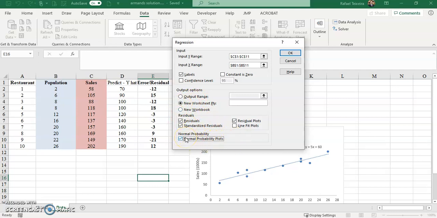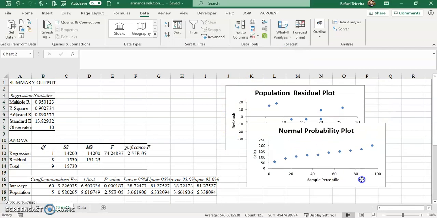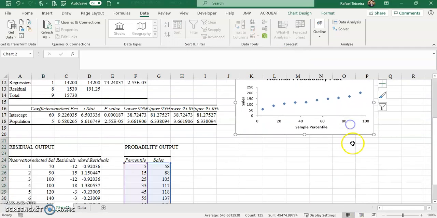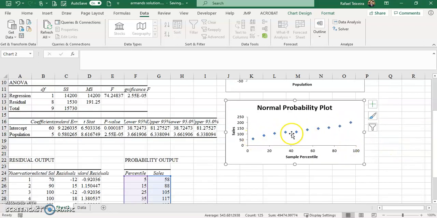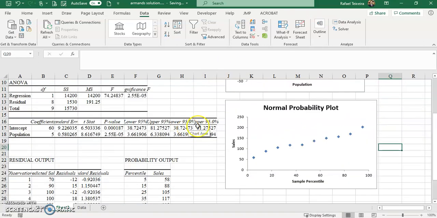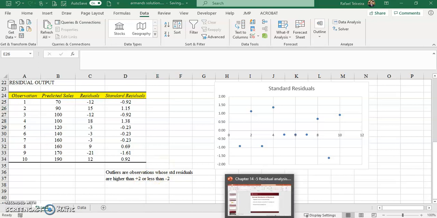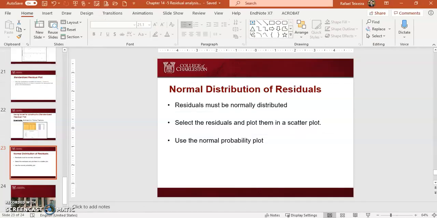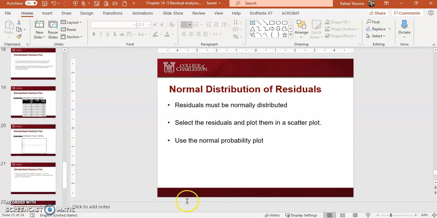The only thing that is different is I'm checking the normal probability plot. And what we're looking for is a straight line, very similar to what we have here. This tells us that the residuals are normally distributed. So these are the steps you have to take in order to test these conditions of residual analysis.